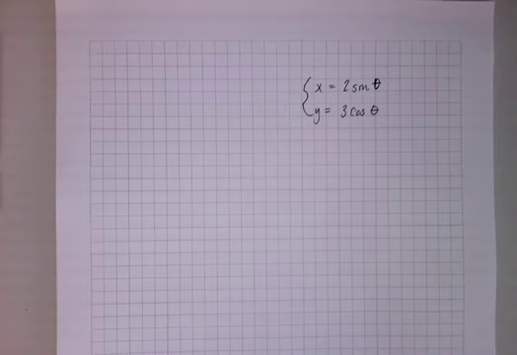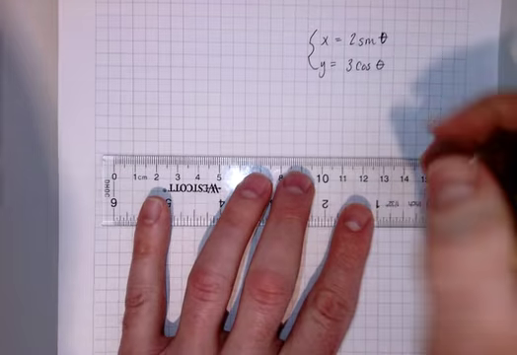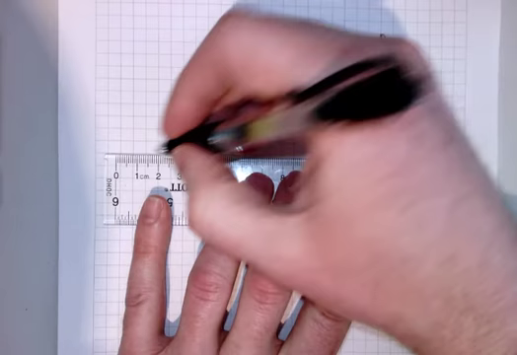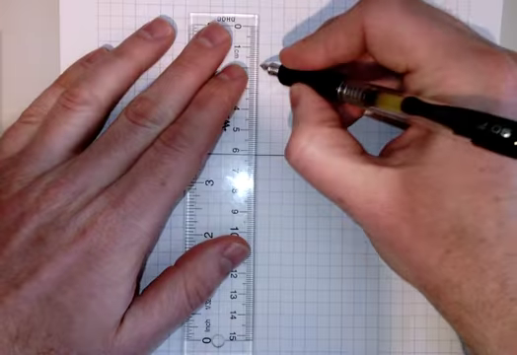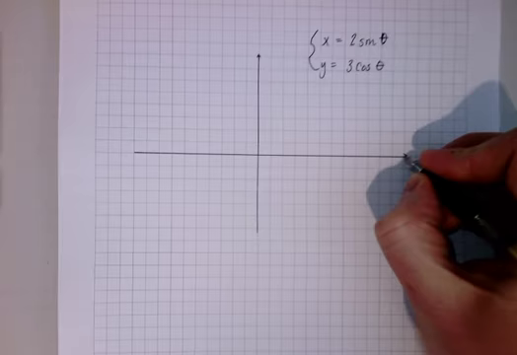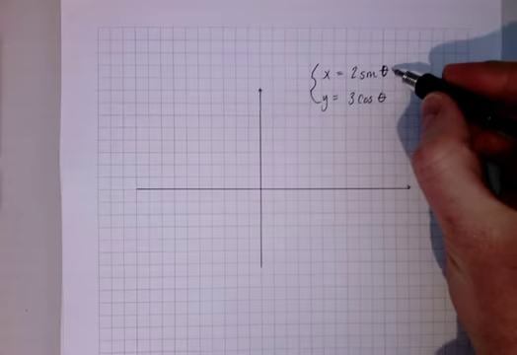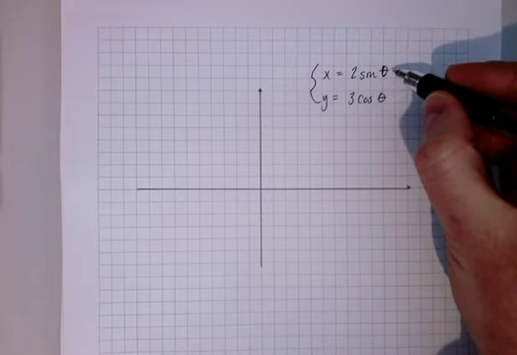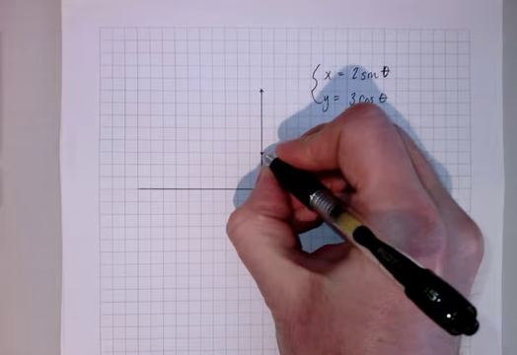Okay, well, this is a rather easy conic, so we'll just go ahead and turn this one out rather quickly. Okay, so when theta is equal to 0, x is going to be equal to 0, and y is going to be equal to 3, so here.